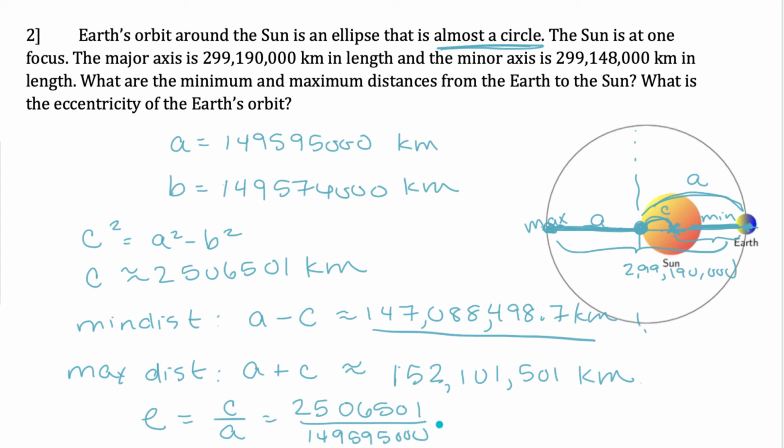I mean, we could kind of tell those numbers are hugely different already. We should get something pretty darn close to zero, right? So when I do this calculation, I get 0.0168-ish. Okay, so this is a very small eccentricity. It is very close to zero, which is going to indicate to us that that orbit is indeed very close to being a circle.